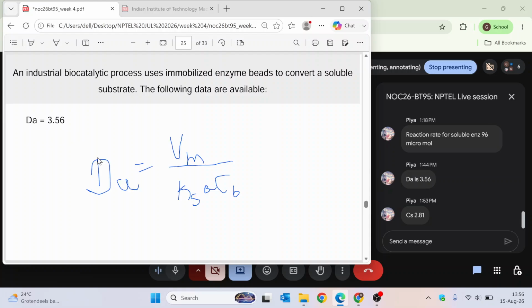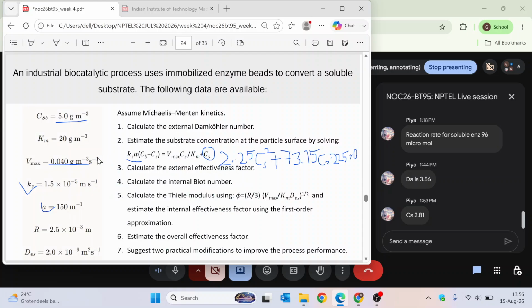The first one was also easy because you know how to find dA, just substitute. Second one, equation is also given, everything is given, you just have to solve. And the third one is your external effectiveness factor.